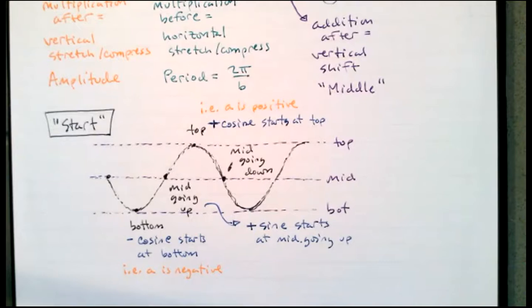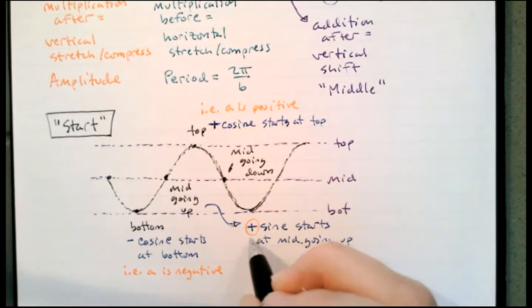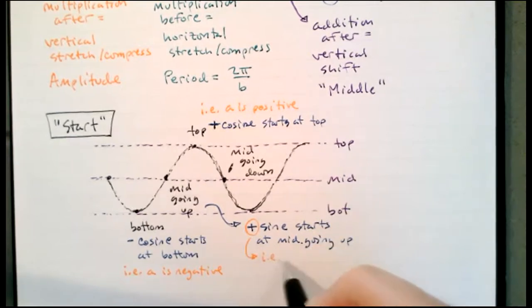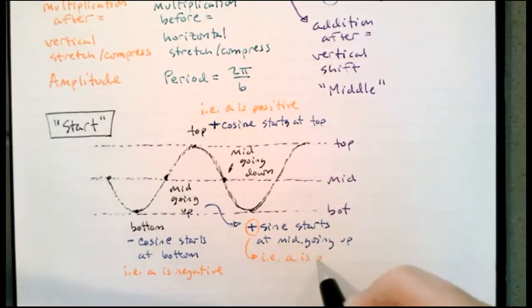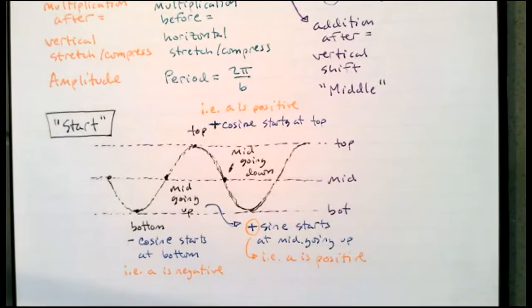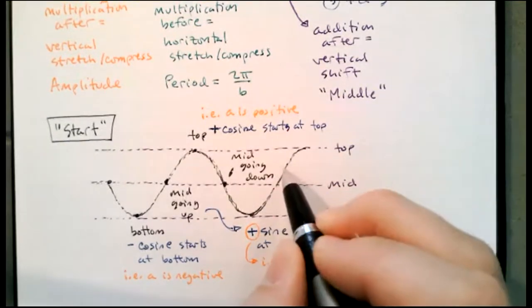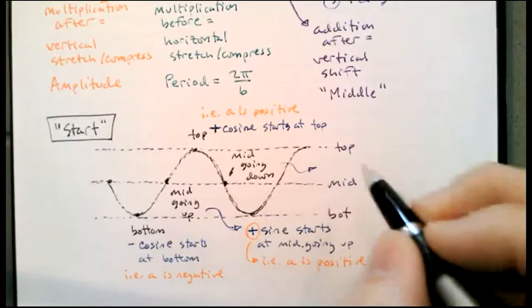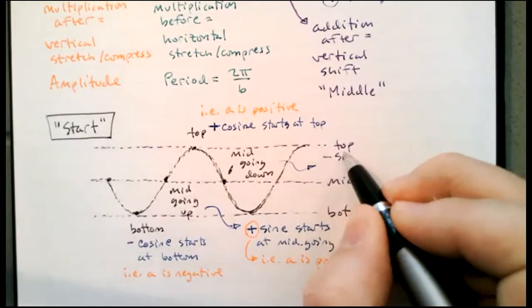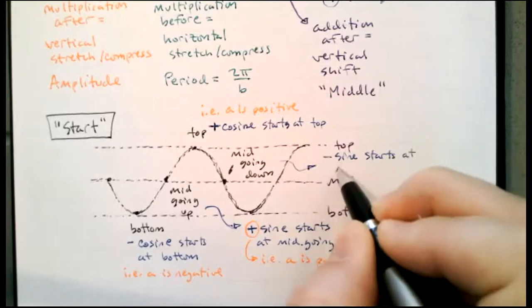That is, a is positive. That's the positive part of positive sine. So this positive business means that a is positive. And then our fourth choice is the middle going down. And we'll say that negative sine starts at the mid going down.